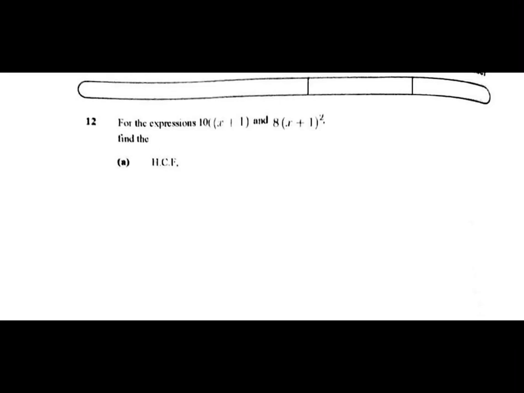Given the expressions 10 bracket x plus 1 and 8 bracket x plus 1 squared, find the highest common factor and the lowest common multiple. So for the first one, to find the highest common factor, we need to break down our number as a product of its prime factors.